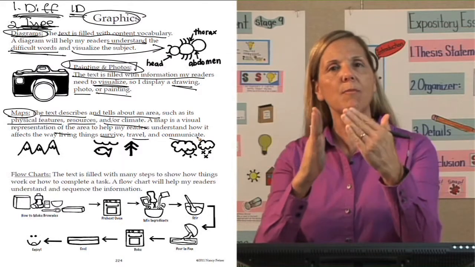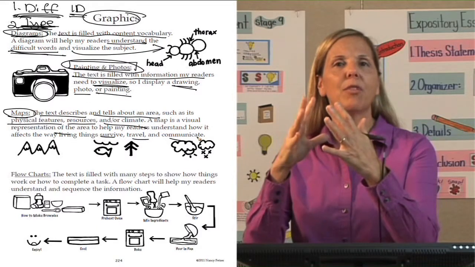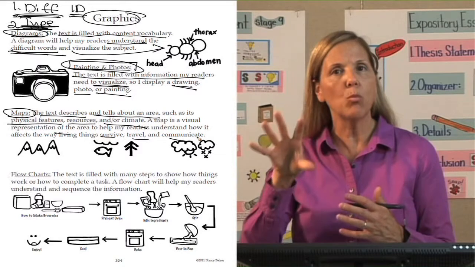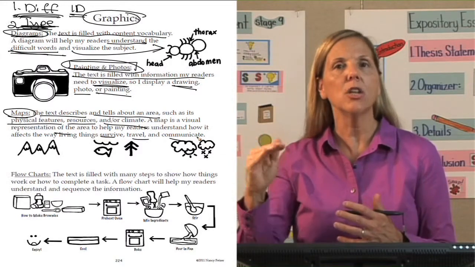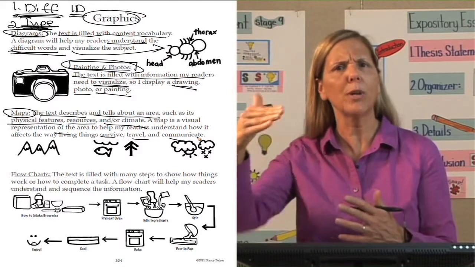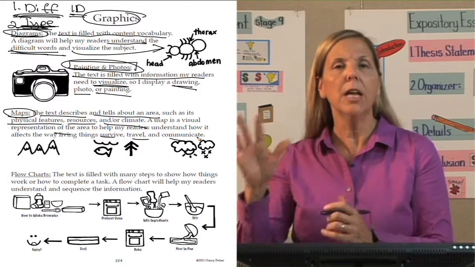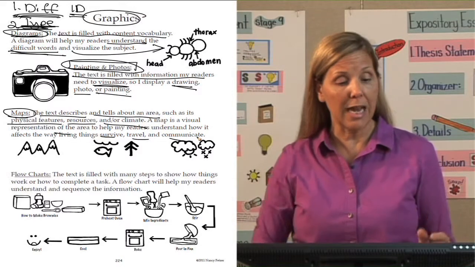When I'm giving information about a large area, I may need to provide a map so they can see that large area and understand what the landforms are. Maybe I need to tell about the resources. Maybe I need to show on that map how people travel and live. So that map is going to give them an understanding of that entire area.